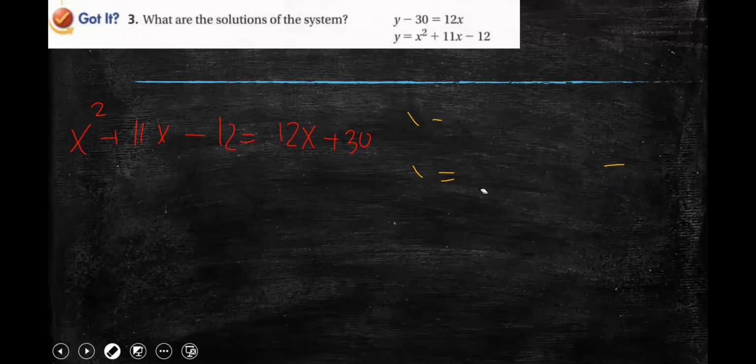Then after that, I need to isolate all the variables and constants on one side, and on the other side I have to put 0. The first step, let's subtract 12x.